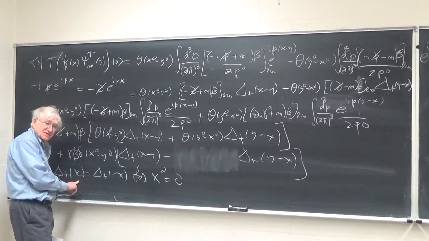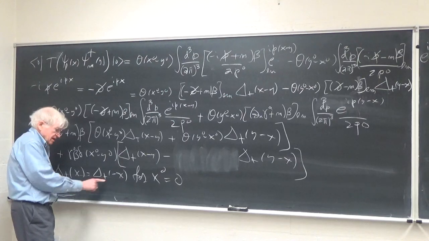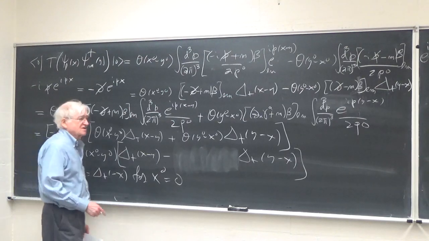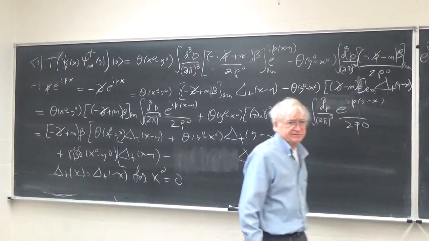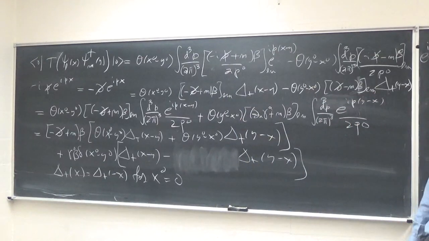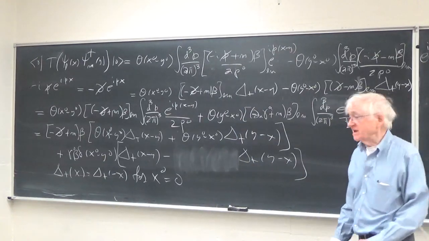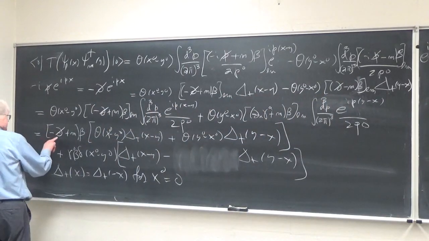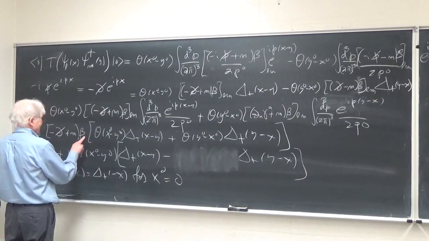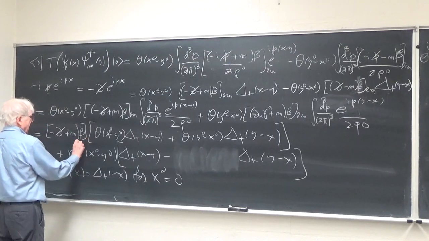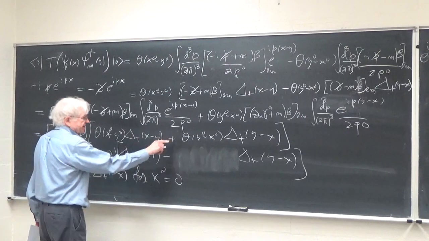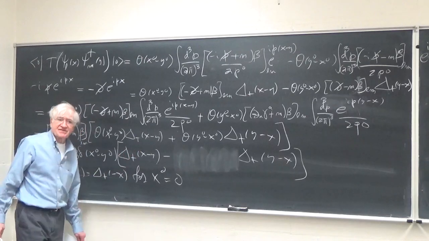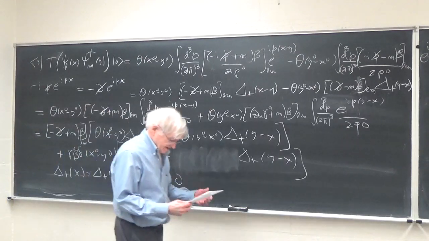So if the times are equal, this is that. So in other words, the ugly term is 0. So what we're left with then is this very nice structure here, minus d-slash plus m beta Lm acting on this. But this thing is the Feynman delta, delta F.